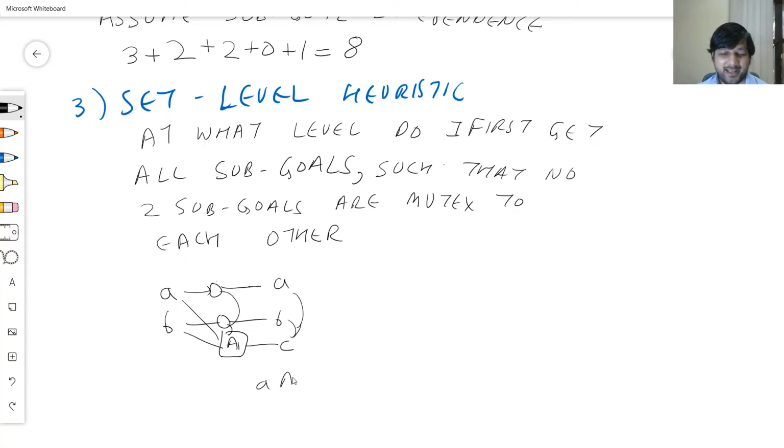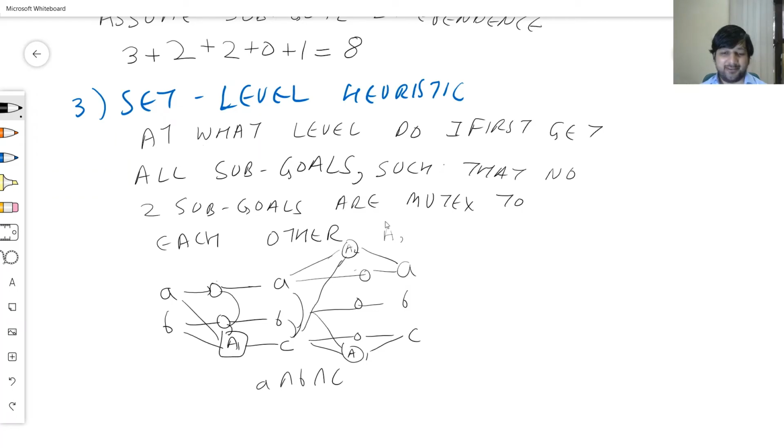My goal is A and B and C. So at the first level I do get A, B and C, but they have mutex to each other. And magically what happens is that there are persistence actions, and the same action A1. And there is another action A2 that also gets me A, and A3 that also gets me B, and now they are not mutex to each other.